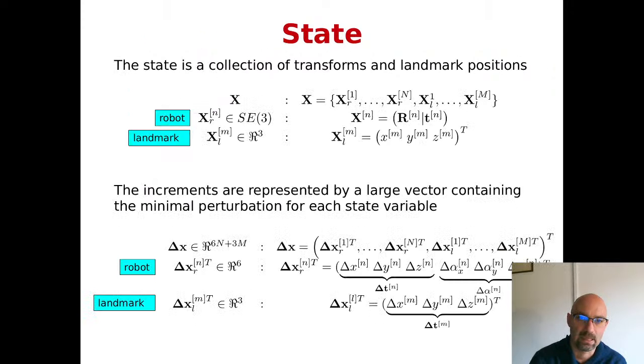Just to give you an example, let's say that I want to figure out programmatically what is the index of the first variable of the block that applies the perturbation to the first landmark.